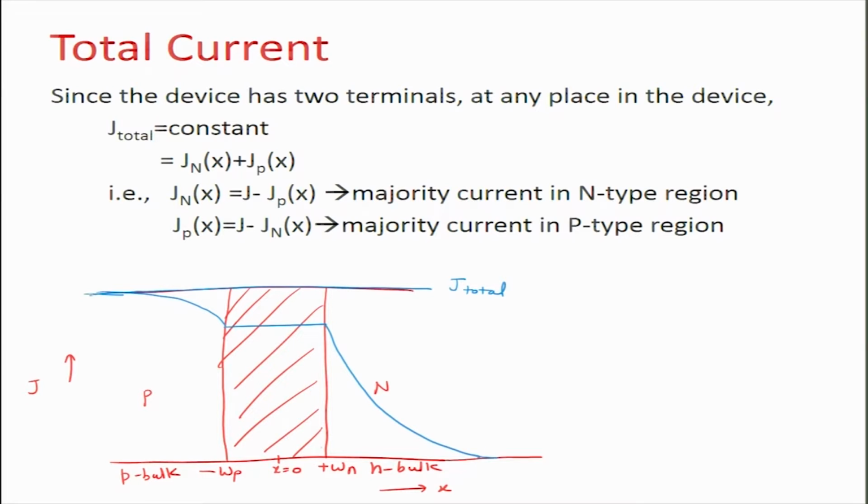This current is high on the P side, it is constant in the depletion region, because in the depletion region we assume that there is no recombination or generation. So, as a result nothing happens to carriers, but the moment they come to this side the current drops.